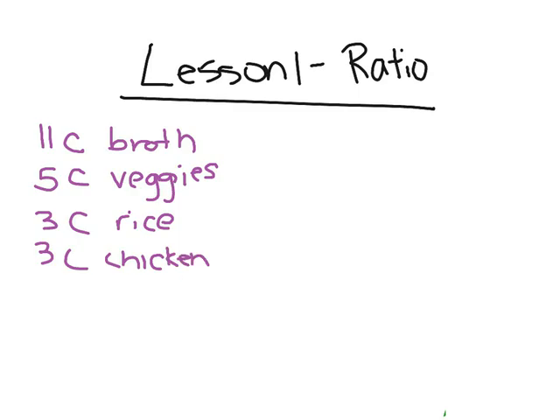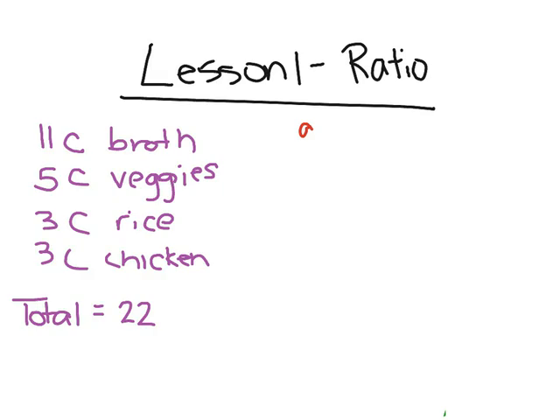First, let's see what the total number of ingredients is for our recipe. So total is 11 plus 5, which is 16, plus 3, which is 19, plus 3, which is 22. So we have 22 ingredients altogether.